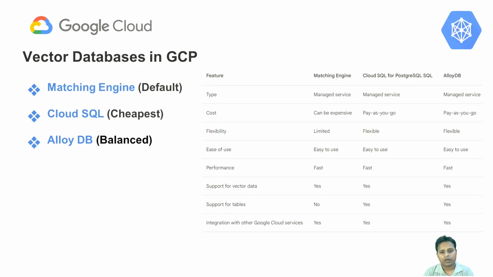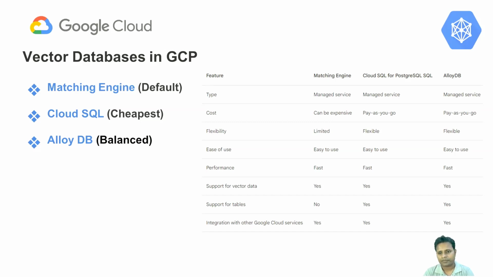We can also use CloudSQL for PostgreSQL, using pgvector. Also, there is one for AlloyDB. Again, it's based on the PostgreSQL database, and AlloyDB can be used as a vector database. There are various advantages and some disadvantages as well of using either of these databases.